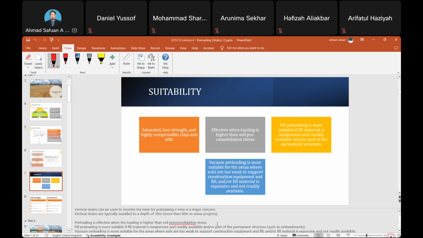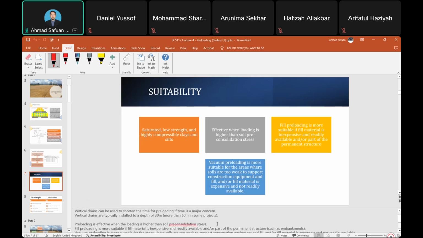Then we have a surcharge, which we consider as an additional load, and later on we may remove it from the preloading or from the embankment.